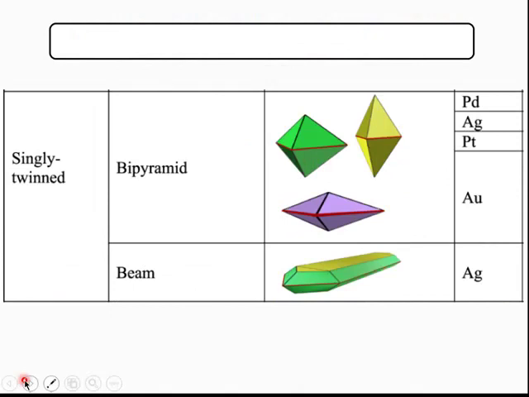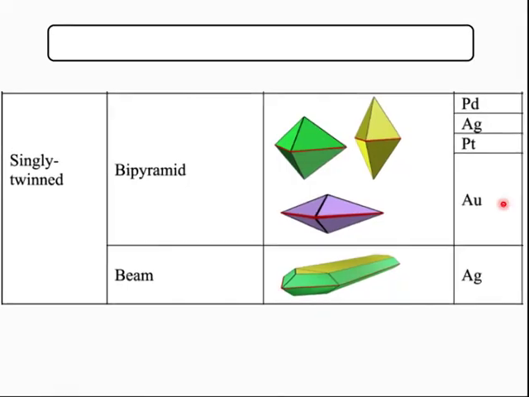Further, there are several other singly twinned shapes for noble metal nanocrystals, like bipyramid, with metals like palladium, silver, platinum, gold, and they gave rise to various shapes, and a shape like a beam was also observed when we use silver as a noble metal.